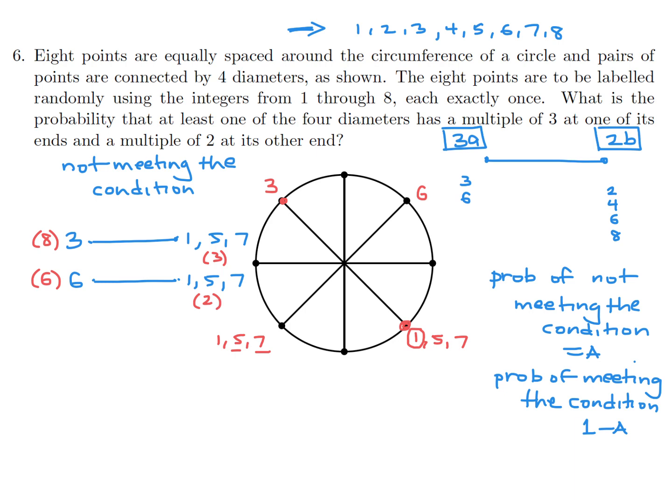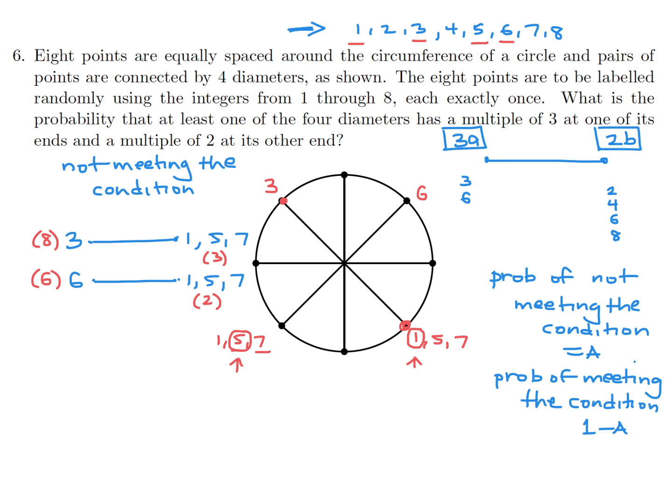And then for the remaining numbers, let me backtrack here. I used a 1 here, so let me use a 5 there. So that means I've used the 3, the 6, the 1, and the 5. So I got 4 numbers remaining, and I can place them any way I want.